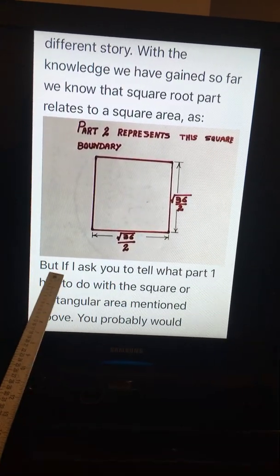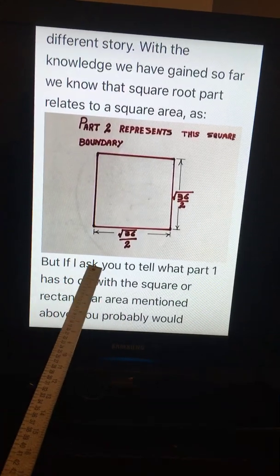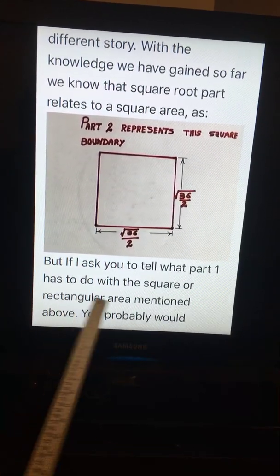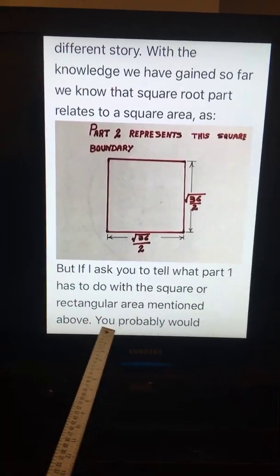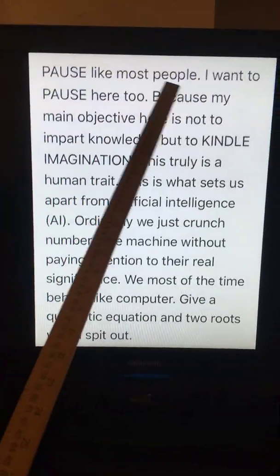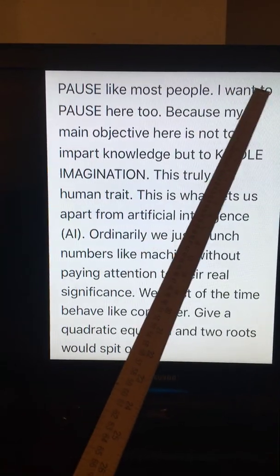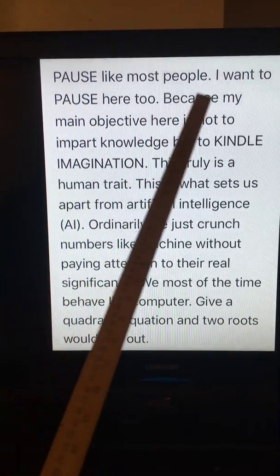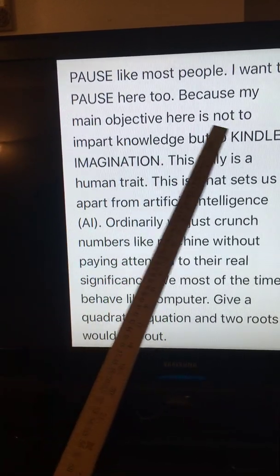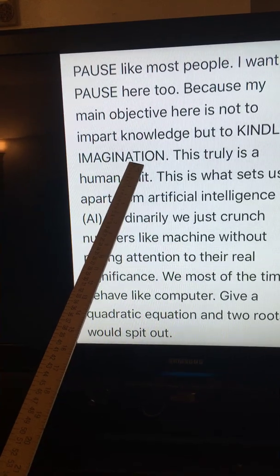So now, if I ask you to tell what part 1 has to do with the square or rectangle mentioned above, you probably would pause like most people. I want to pause here too, because my main objective here is not to impart knowledge, but to kindle imagination.